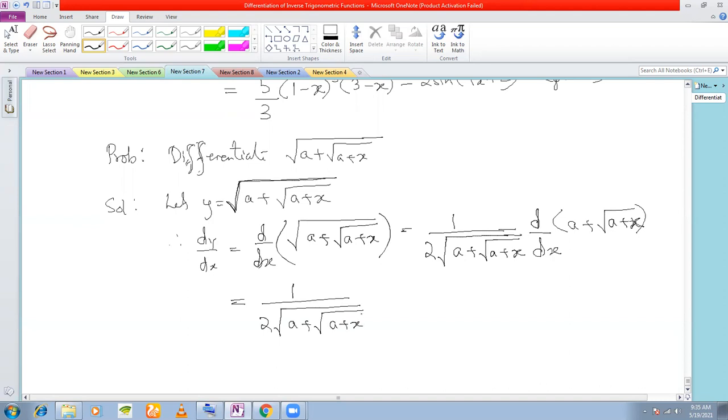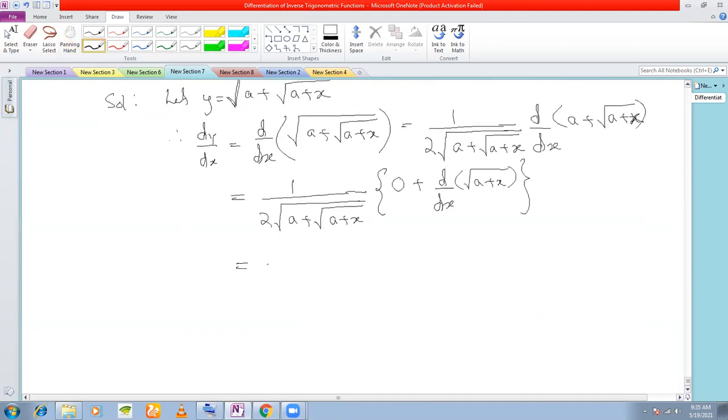Now this is 1 by 2 root of (a plus root of (a plus x)) into, now if I want to differentiate, the d/dx of a is constant, d/dx of a is 0, plus d/dx of root a plus x, which is 1 by 2 root a plus x only.